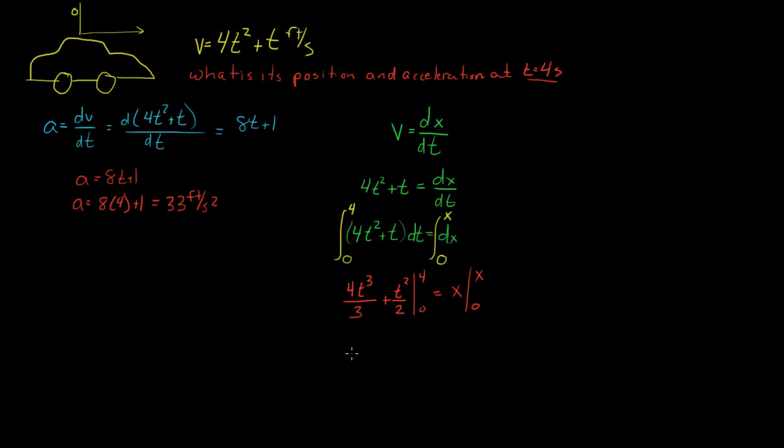And now this becomes 4 times 4 cubed over 3 plus 4 squared over 2 is equal to x. So if we simplify this, we get that our car has moved 93.3 feet. So this is how far the car has moved in 4 seconds, and this is the acceleration of the car in 4 seconds.